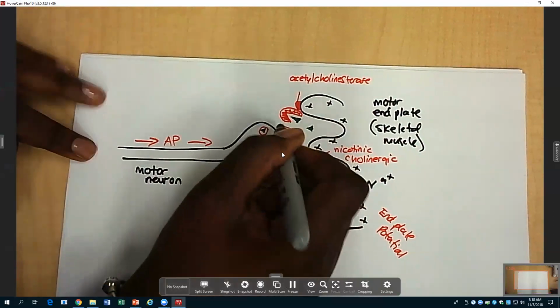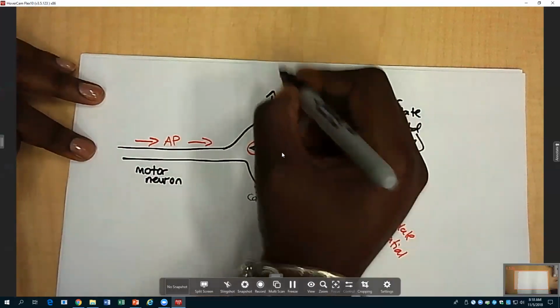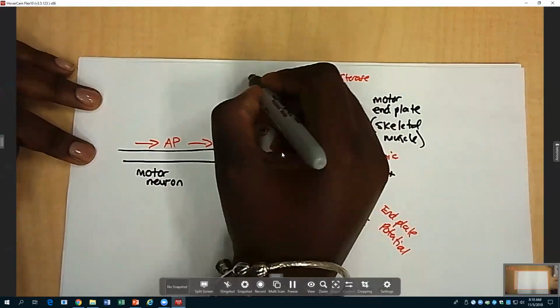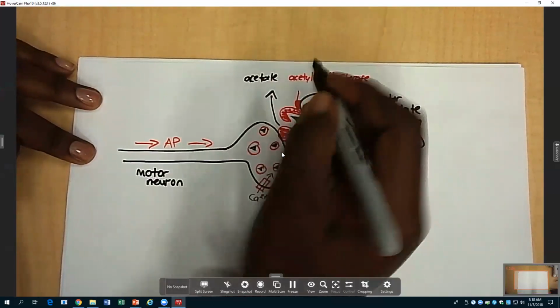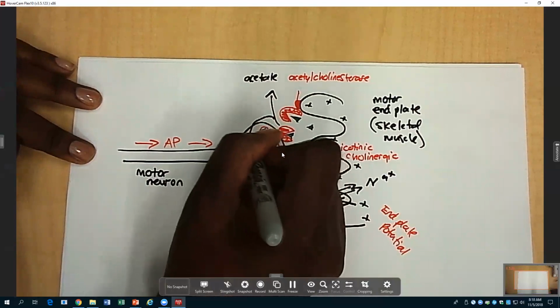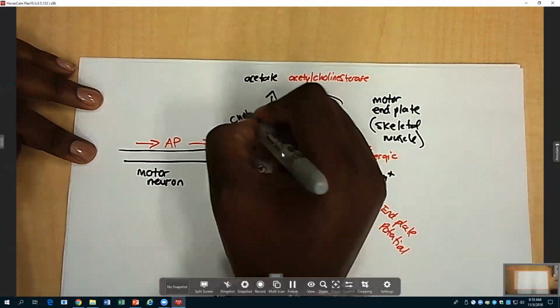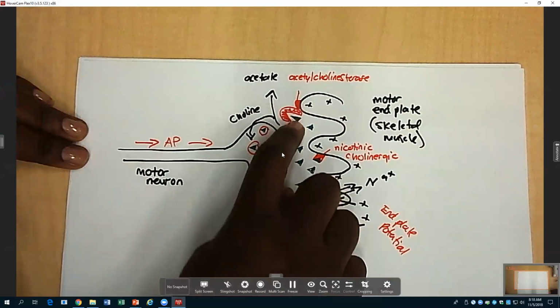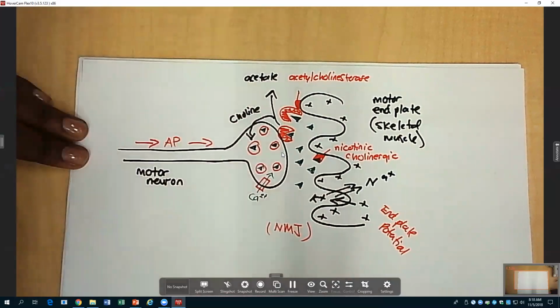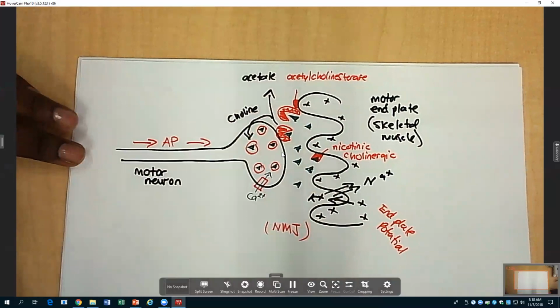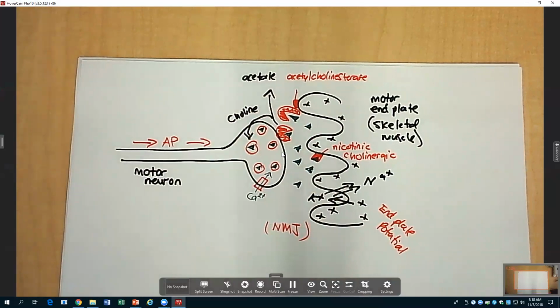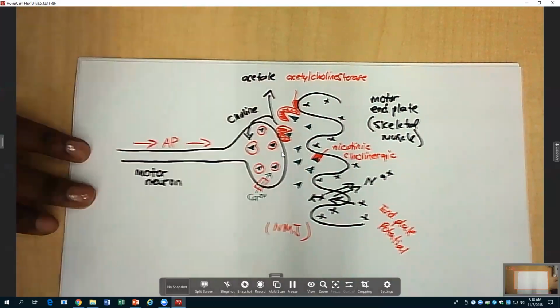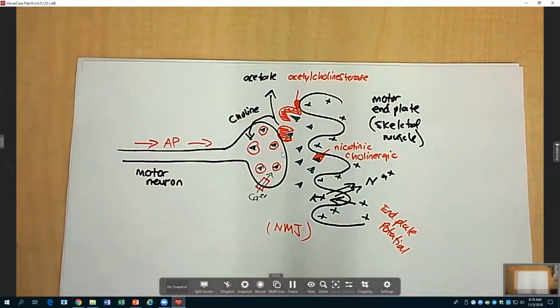It's going to spit out acetate, and it's going to spit back into the terminal bouton choline. So this acetylcholinesterase is going to cut this molecule into acetate, which can diffuse away, and choline, which is reuptaken into the terminal bouton to be recycled to make more acetylcholine. And that's how we're going to clear away the neuromuscular junction and cease muscle contraction.